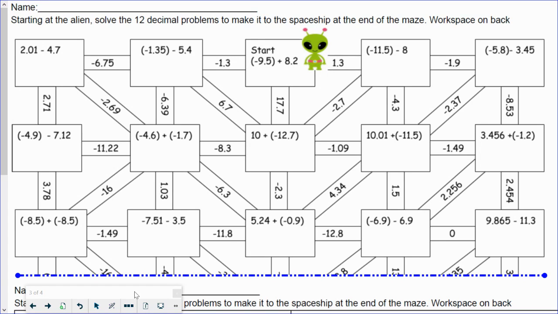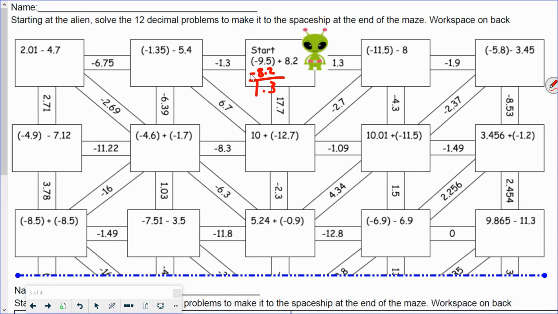Okay, so let's start with the little alien. We have negative 9 and 5/10 plus 8 and 2/10. Well, they're different signs, so that means we actually have to subtract. Keeping my 9.5 on top because it's the higher value, I'm going to put my 8 and 2/10 on the bottom, and I can subtract. 5 minus 2 is 3, and 9 minus 8 is 1.